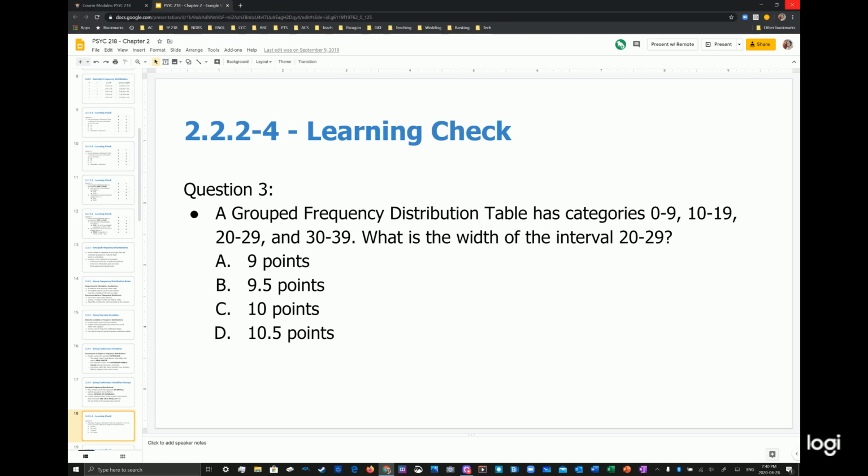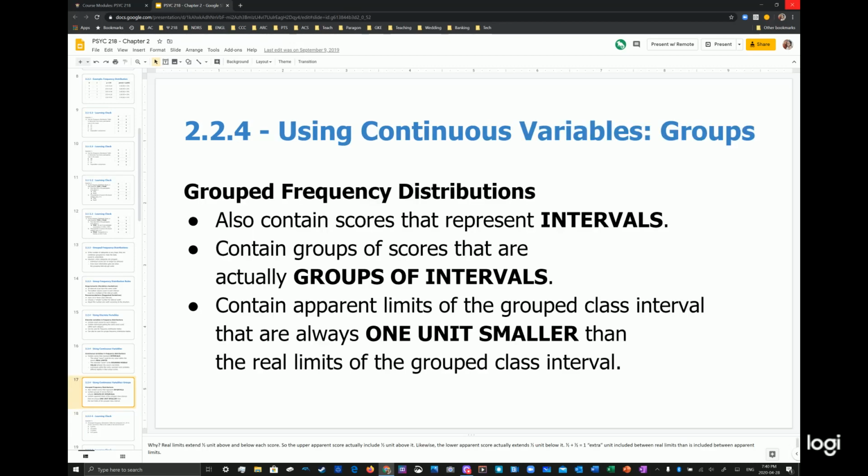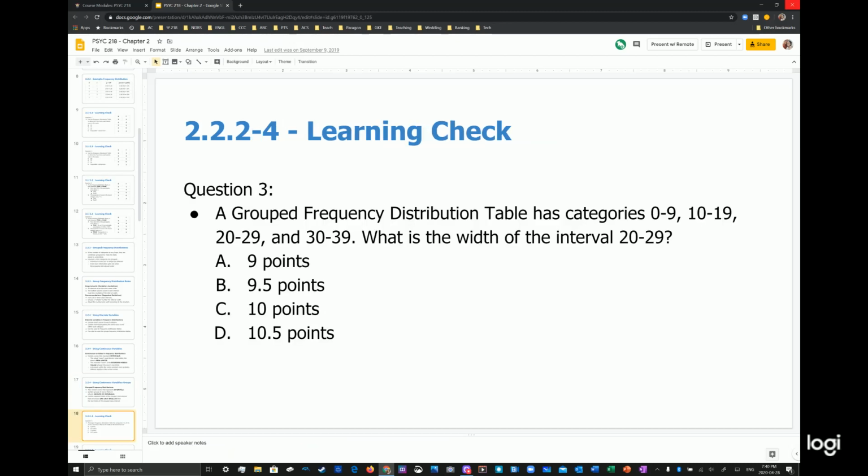What is the width of the interval from 20 to 29? Again, you might go back to the previous slide and look at the rule. And it says the apparent limits of the group interval are always 1 unit smaller than the real limits of the group class interval. So take a moment and think.